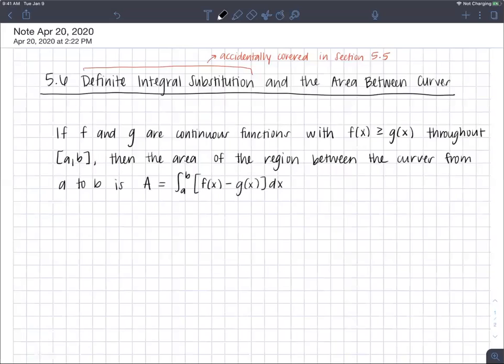And you're going to integrate that with respect to x.